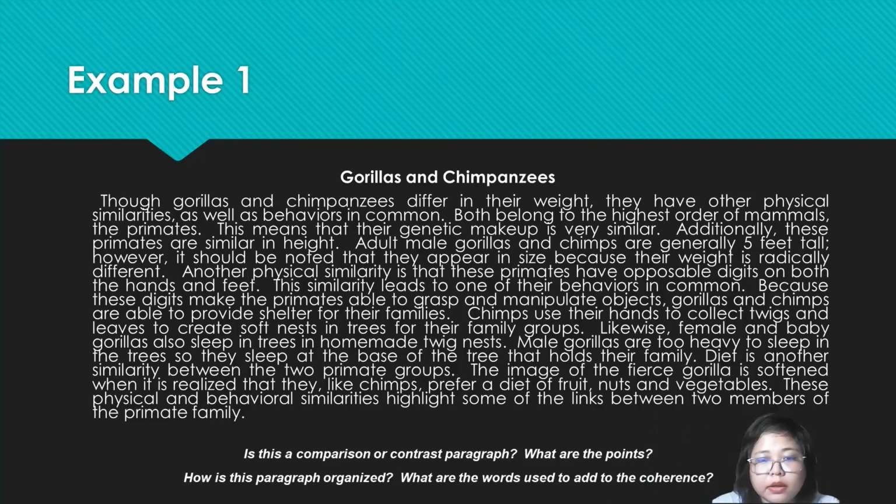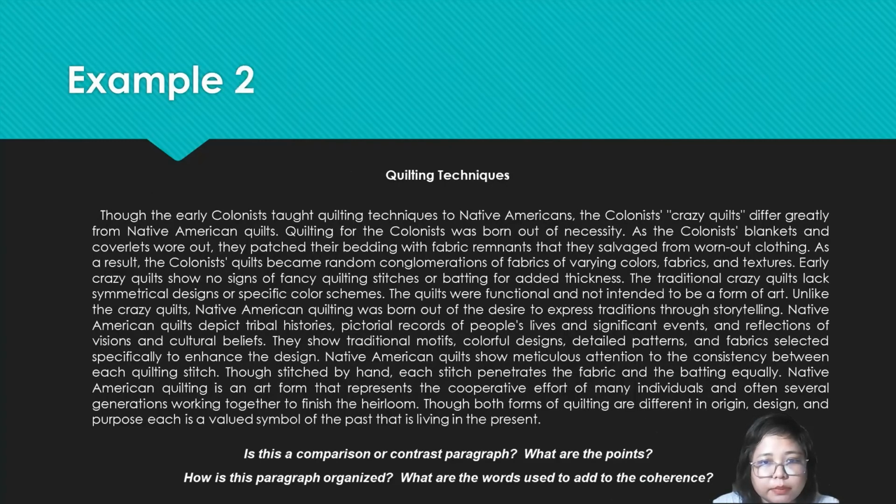Then the second example, you can do the same. Ask yourself the questions. When you can answer them, it means that you comprehend what comparison and contrast paragraphs are.